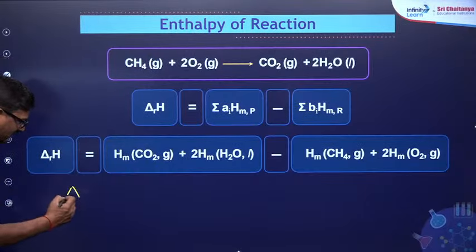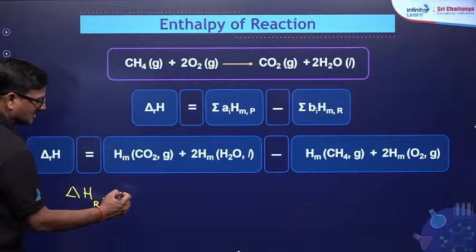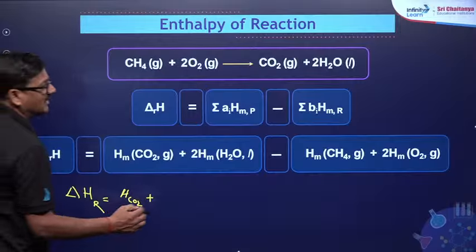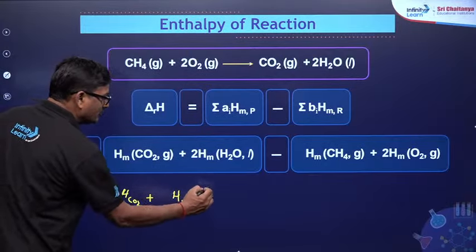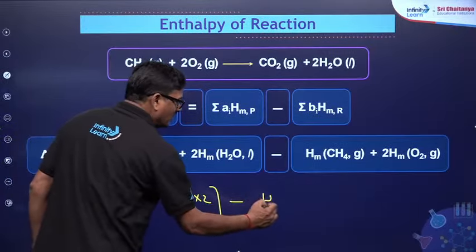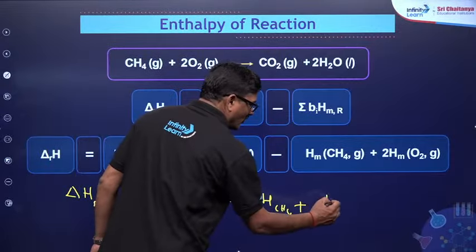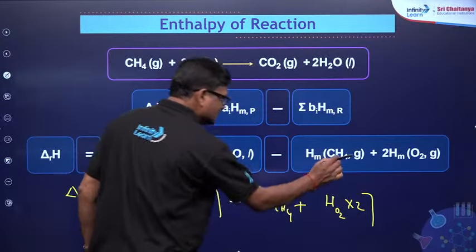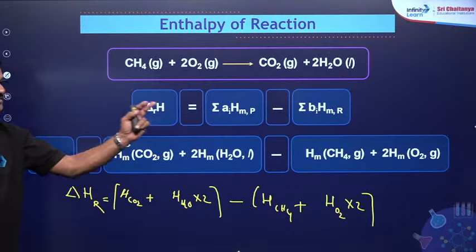The enthalpy of reaction is equal to the sum of the enthalpy of carbon dioxide plus enthalpy of water into 2, minus the enthalpy of CH4 plus enthalpy of oxygen into 2. So simply like this, and for your convenience the molar enthalpies and the denominations are being given.